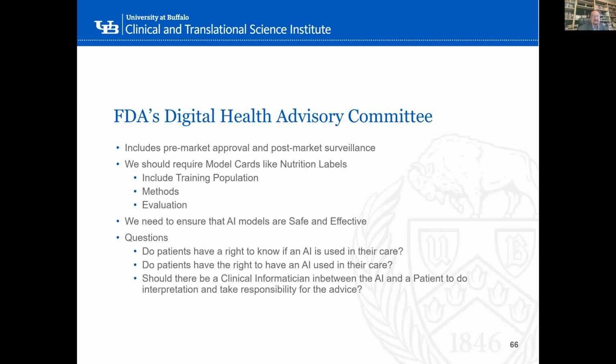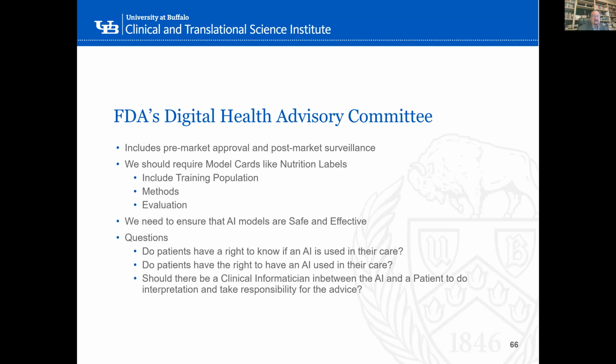So I'm on the FDA's Digital Health Advisory Committee. It includes both the charges to do pre-market approval and post-market surveillance. And we suggested, and they're implementing, that they create model cards like nutrition labels that'll be available to anyone who wants to use an AI model.